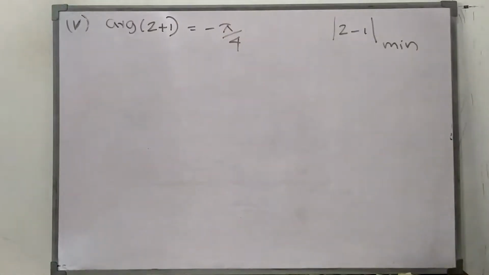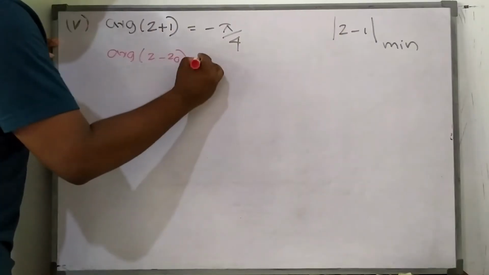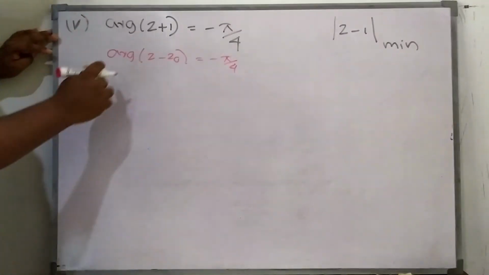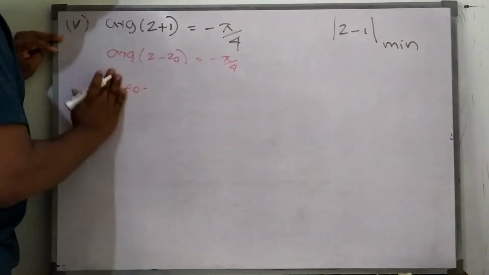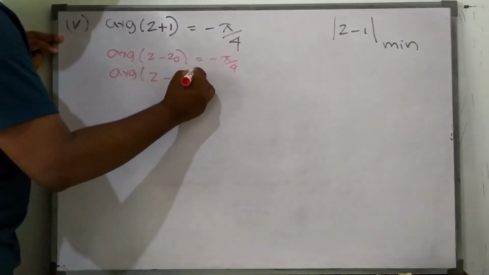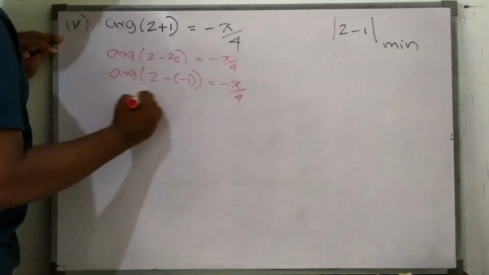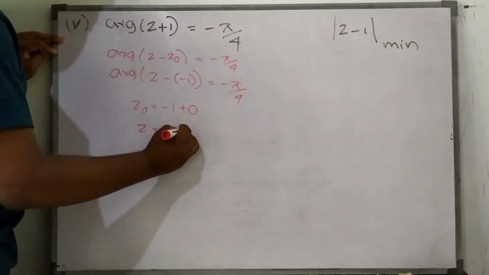Okay children, this is the last row number of the homework. Arg of z plus 1 equals minus pi by 4. So I'm constructing it: arg of z minus z naught equals minus pi by 4, where z naught is minus 1 plus 0i and z equals x plus iy.